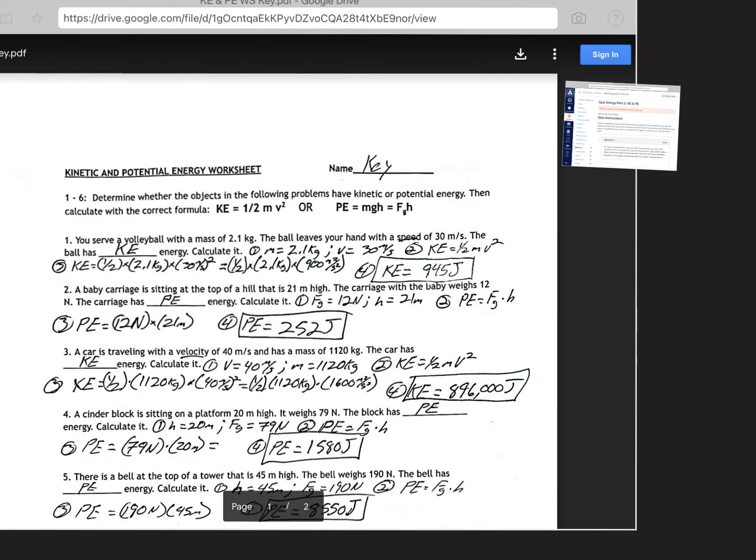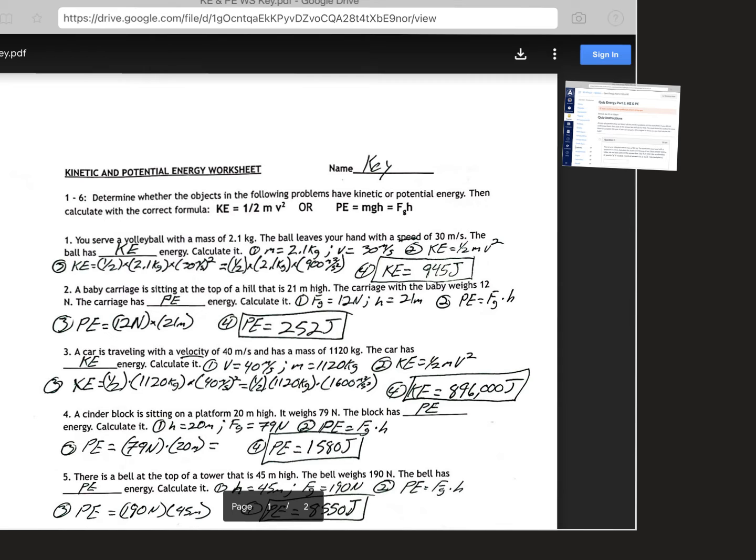And the reason is, now that I have my variables and my formula, I can put my variables in my formula, like I did in step 3. The kinetic energy is equal to 1/2 times 2.1 kilograms, because that was my mass, times 30 meters per second, my velocity, squared. But remember your order of operations.